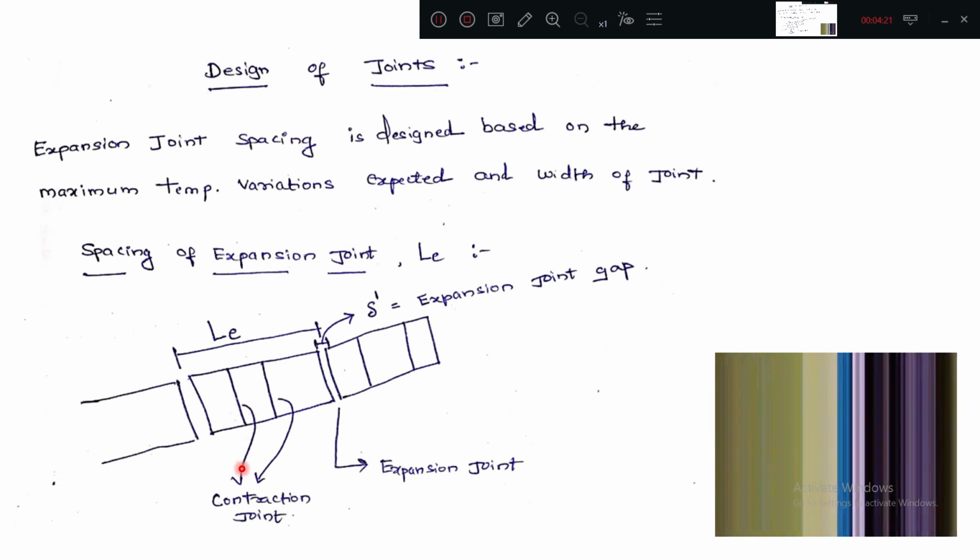Similarly, this is a contraction joint, this is another contraction joint. So the distance between these two lines is called LC, spacing of contraction joint. This small gap in the expansion joint is delta dash, and it is called the expansion joint gap.